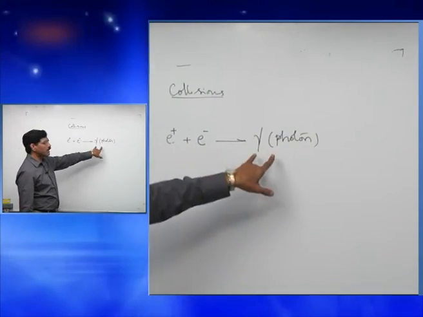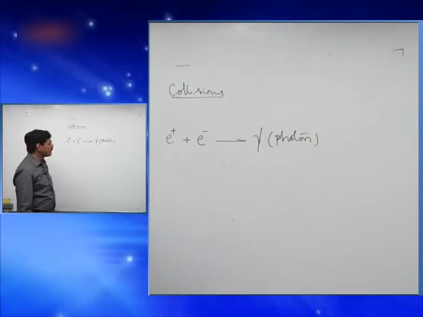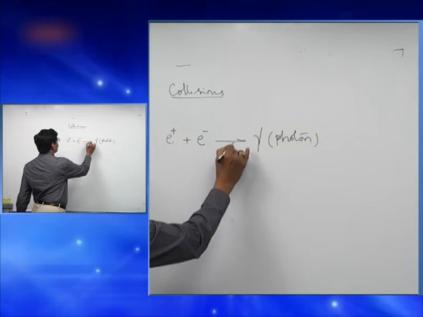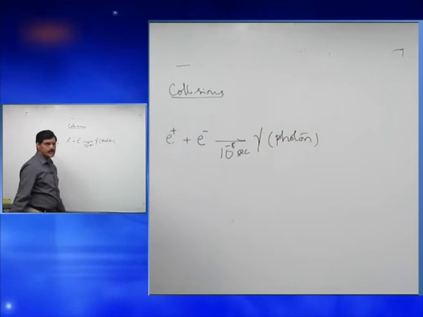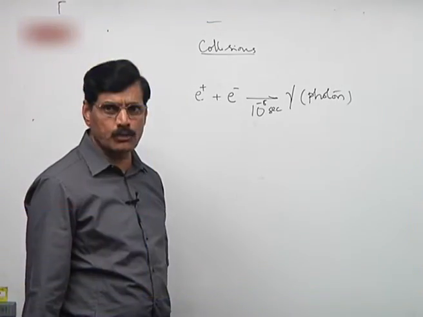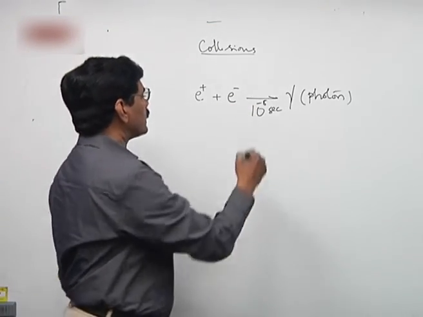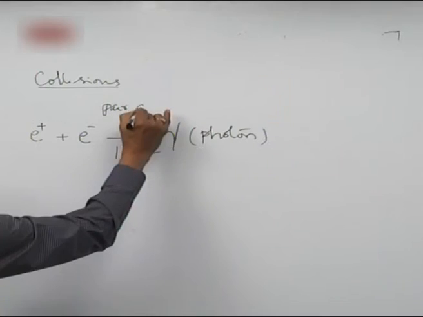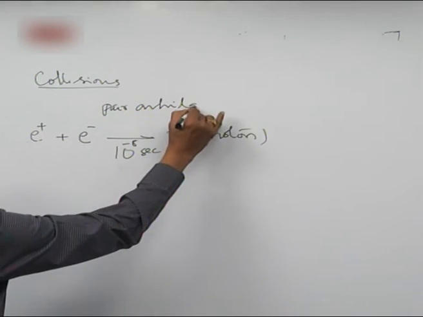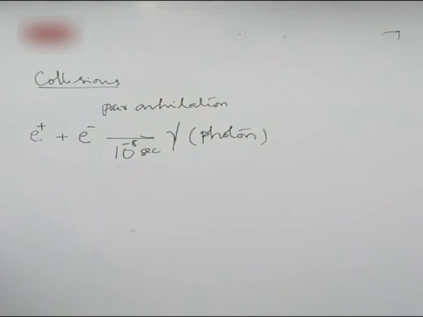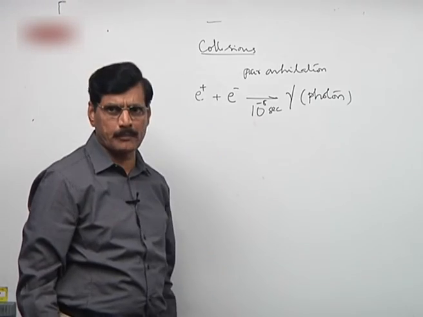Event before, event after, a clear demarcation is there. The event takes place during a short interval of time, around 10 to the power of minus 8 seconds. That is the lifetime of the positron. This event we call a collision, that is the forward process. It is called the pair annihilation process, where the electron positron pair is lost and a photon is emitted.